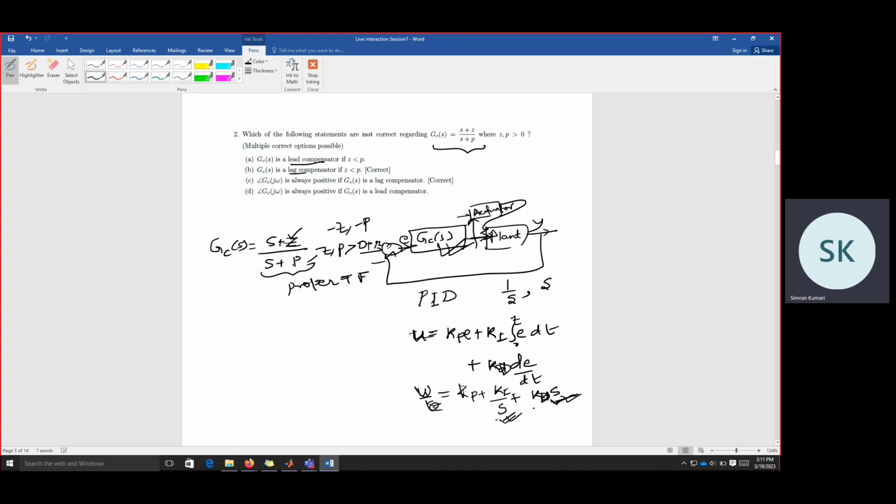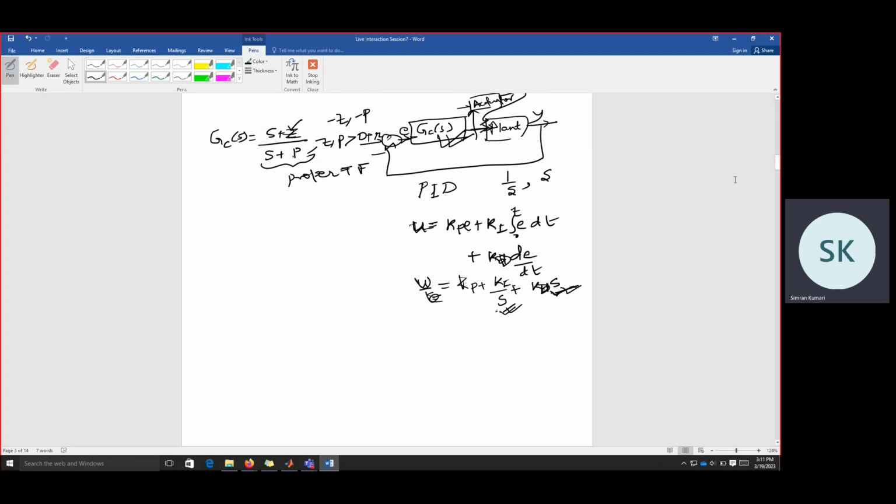So we try to approximate these terms using the compensators. Now, obviously, if you are implementing this in a computer, then you can do this. But using hardware and implementing this is not possible for this derivative and integral part.